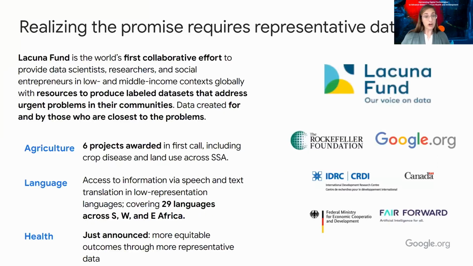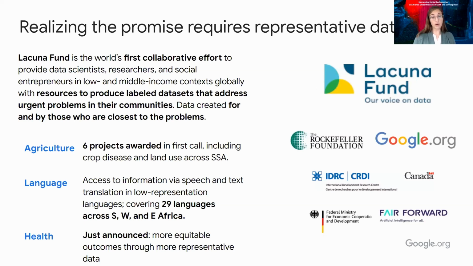So I want to zoom out and talk a little bit about how do we ensure that more and more problems might benefit from machine learning and artificial intelligence in the advances that we're seeing. And I think Lacuna Fund is a great example of that. So we, with Rockefeller, actually, some of Manisha's colleagues, alongside the German and Canadian governments, have started a collaborative effort to fund labeled data sets that address problems that are underrepresented in currently available data.